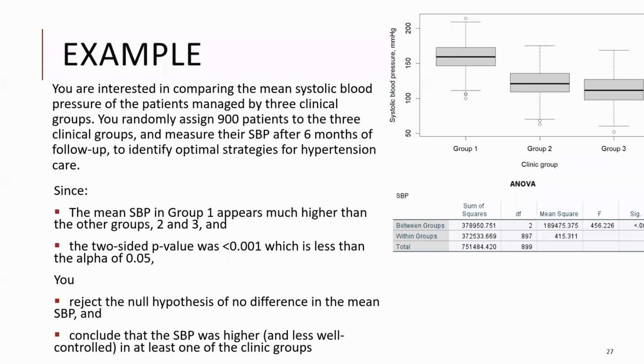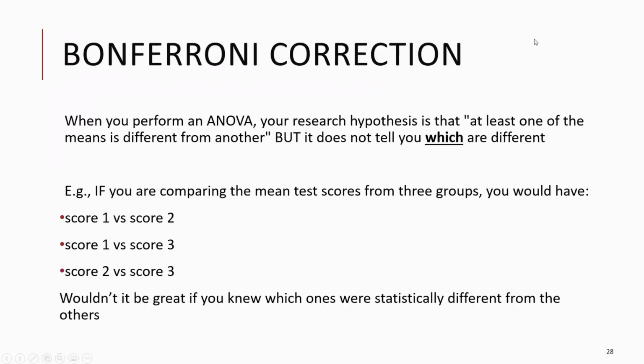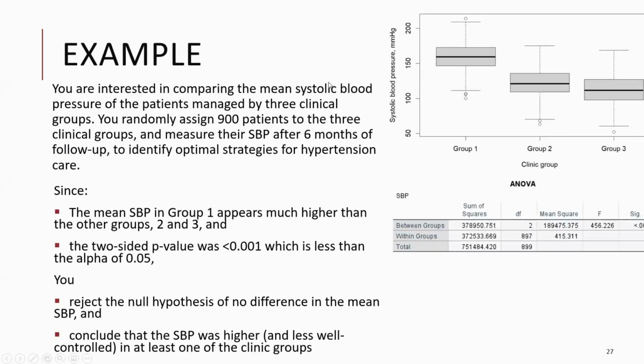Now, say the mean for group 1 appears a little bit higher than that of the other groups, and you run your ANOVA. You end up with the test statistics you see in front of you, telling you the sum of squares between the groups and within the groups, and then giving you the total.